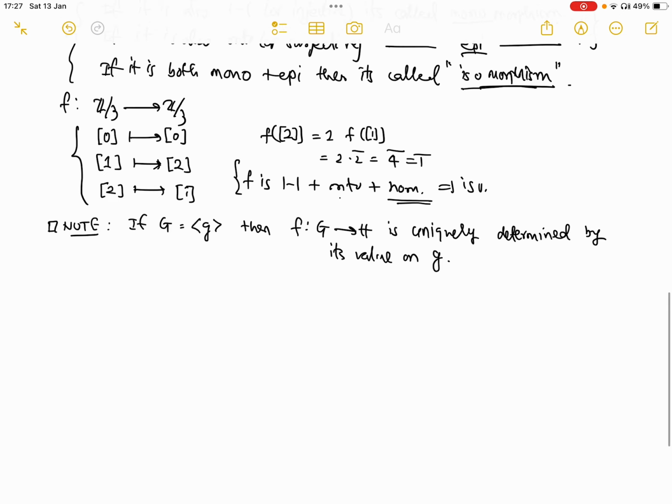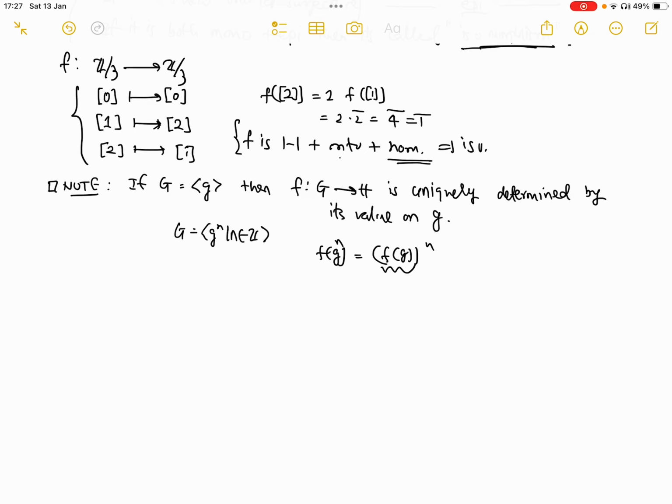And again, the reason is simple because any element of the group looks like some power of G, right? So if you know what f of G does, you also know what f of G power n does, because that is just f of G power n. So if you know the value of f of G, that is enough.